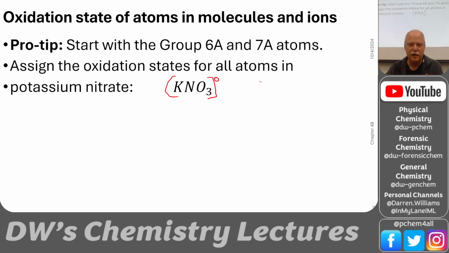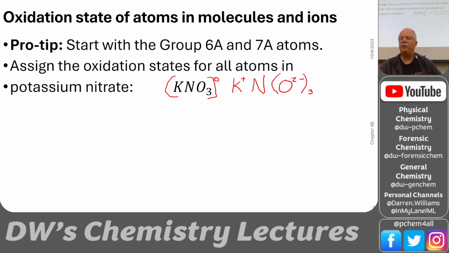So we're going to say these oxygens are 2-, and there's 3 of those. And the potassium over here, what do you think the potassium is? +1. And so the nitrogen here in the middle is the only one we're unsure about.